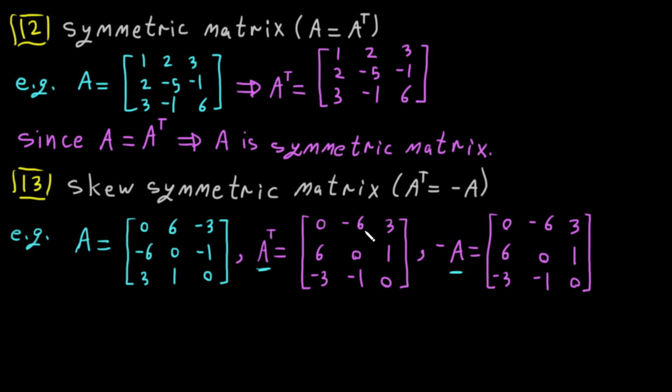So 0, 0, -6, -6, 3, 3, 6, 6, 0, 0, 1, 1, -3, -3, -1, -1, 0, 0.